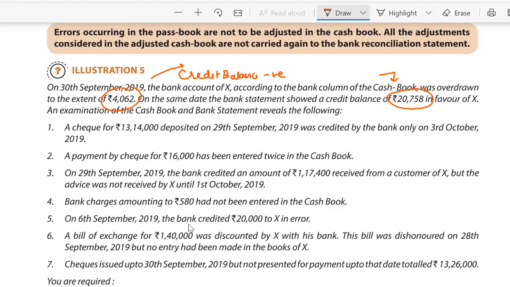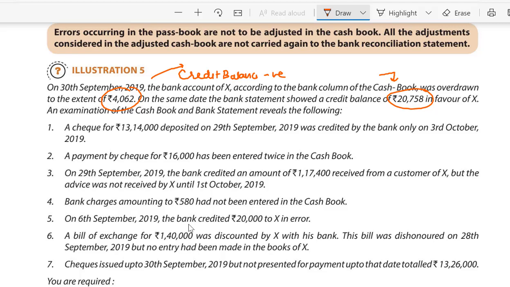A payment by check for 16,000 has been entered twice in the cash book. So we have made a payment and we have done minus in the cash book, but we have done the minus twice. So one time we need to add it back in the cash book.